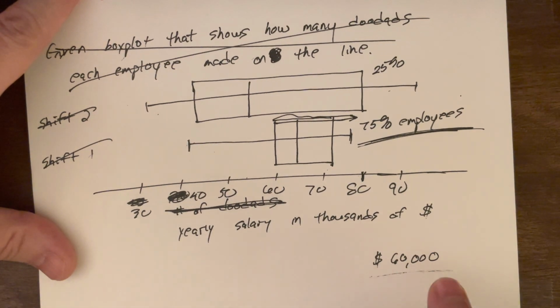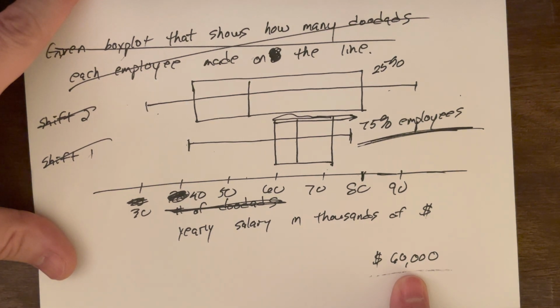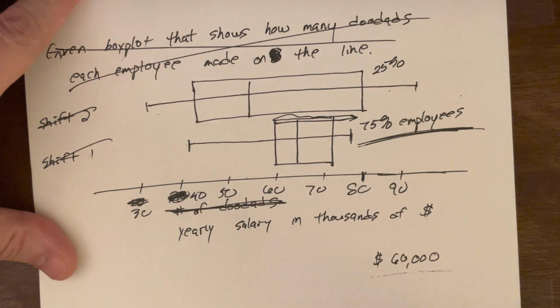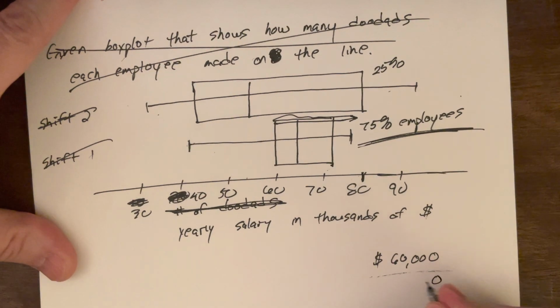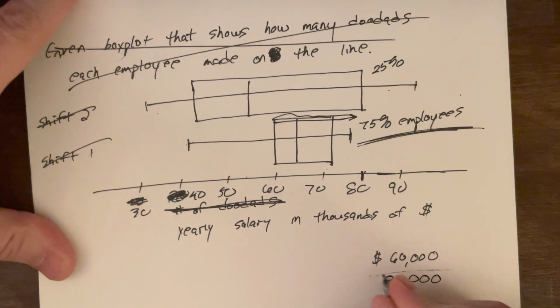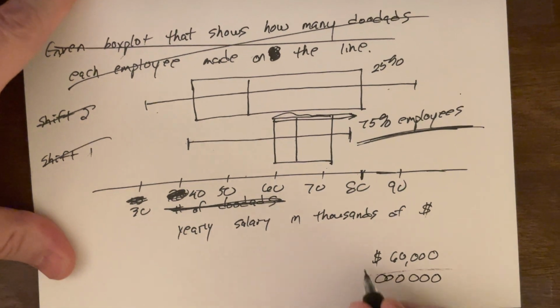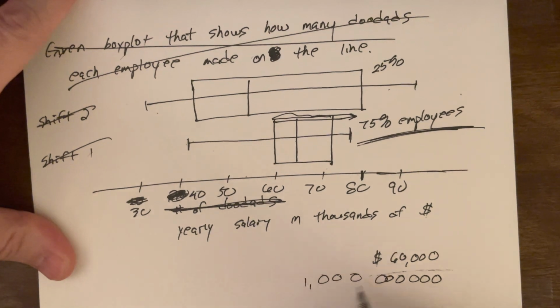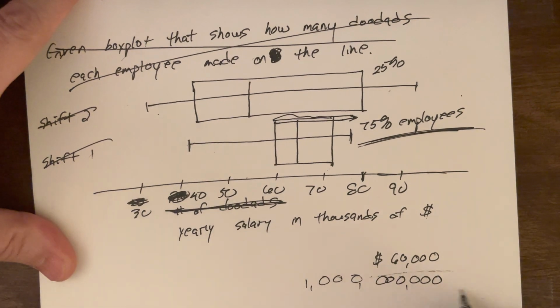But if that is the median, why is that more appropriate? Well, in the United States, if you want to compute the mean, you have to keep all those billionaires in mind. Think about all the zeros in $1 billion. Even right here, that's 1 million. That is $1 billion.